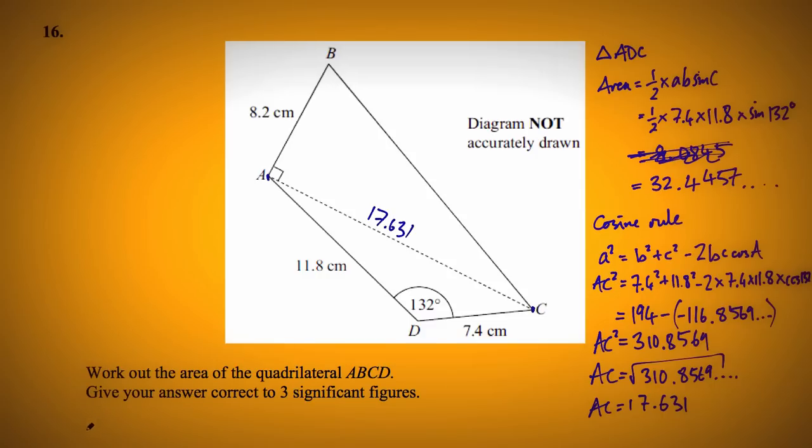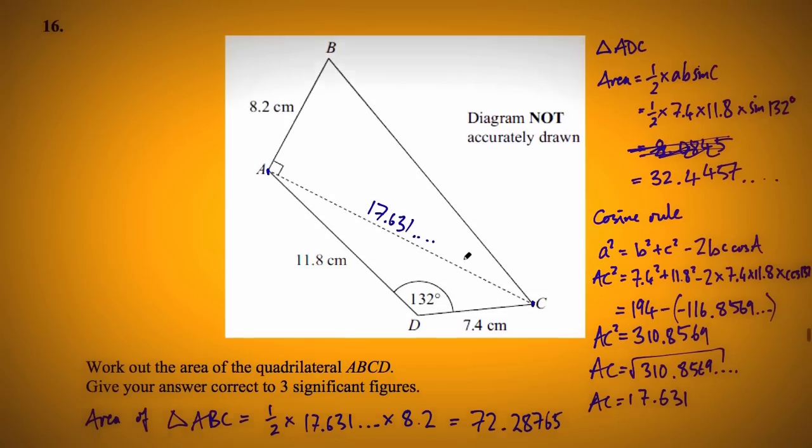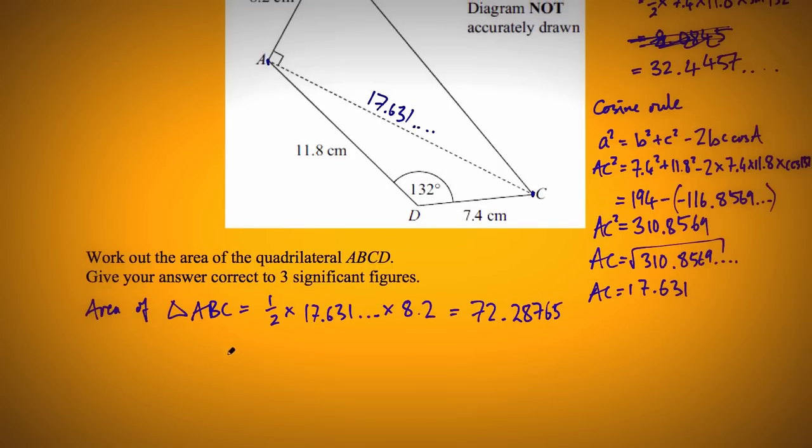Area of that triangle, of triangle ABC, equals half times 17.631, still in my calculator, times by 8.2, and that equals 72.28765. So total area is my original triangle added to that.